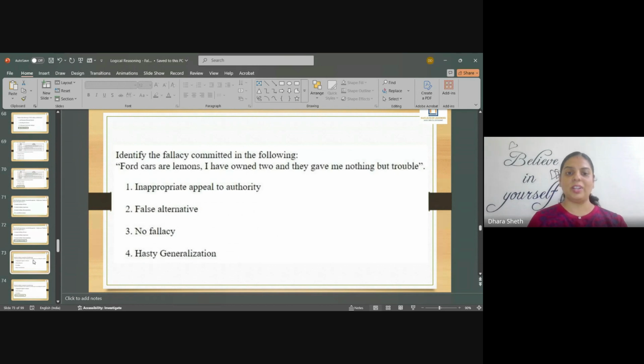Next, identify the fallacy committed in the following. Ford cars are lemons. I have owned 2 and they gave me nothing but trouble. So when you say something is lemons, it's like, not great. But that is language. Here we are talking about logical reasoning.